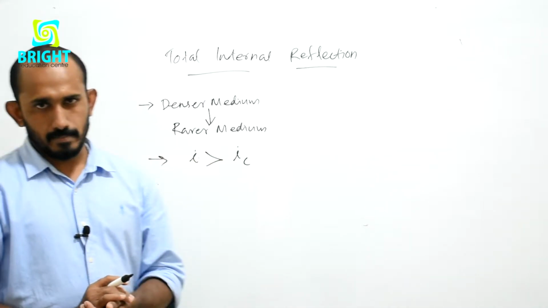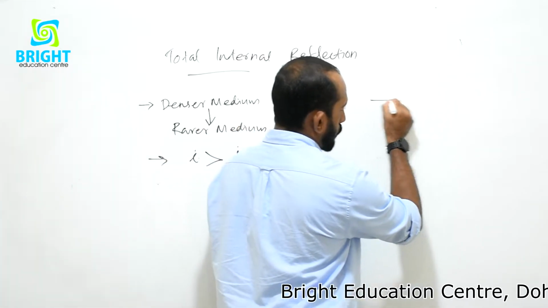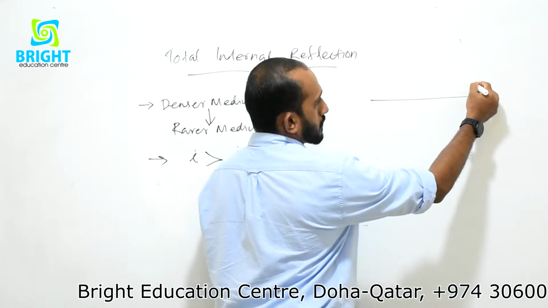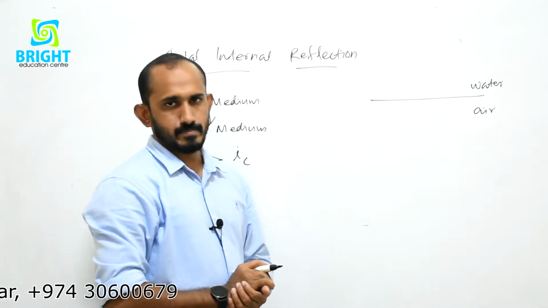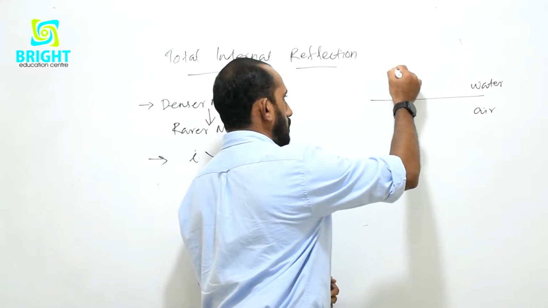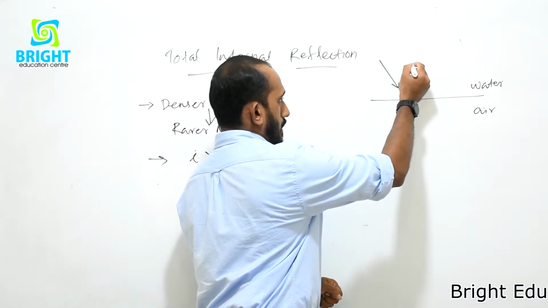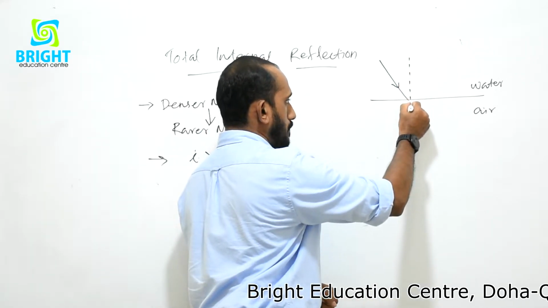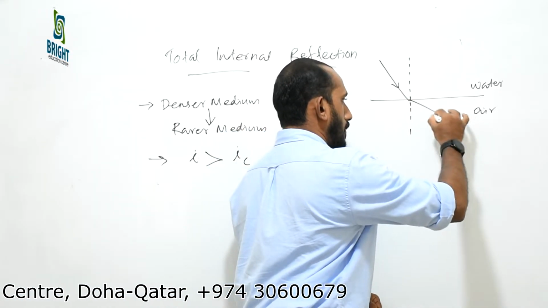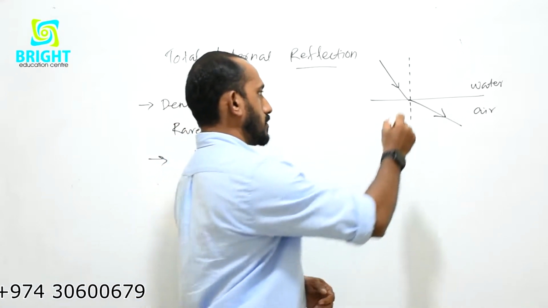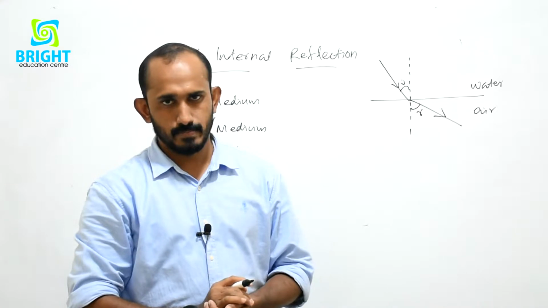What is critical angle? During refraction, for example, take a surface of separation between water and air. When a light ray passes from water, this is the incident ray, to the air, if you draw a normal at the point of incidence, then it refracts away from the normal. This is the angle of incidence and this is the angle of refraction.